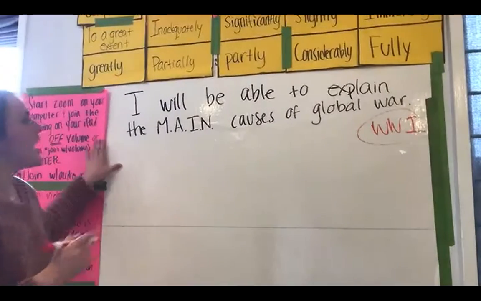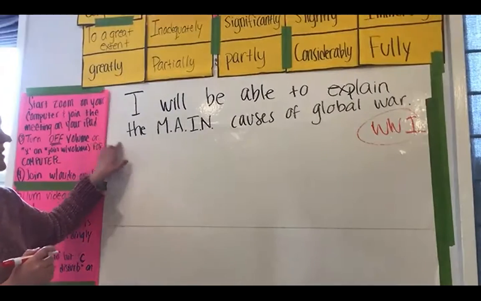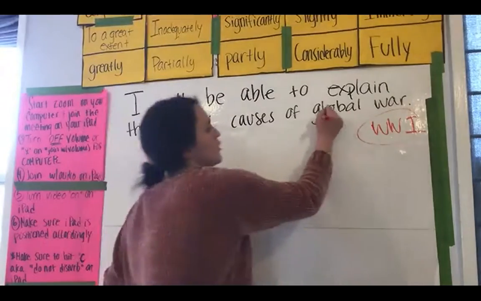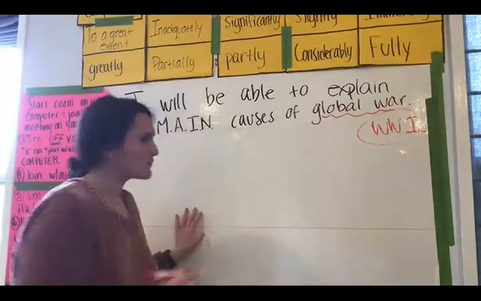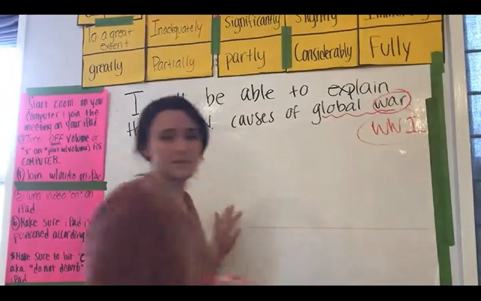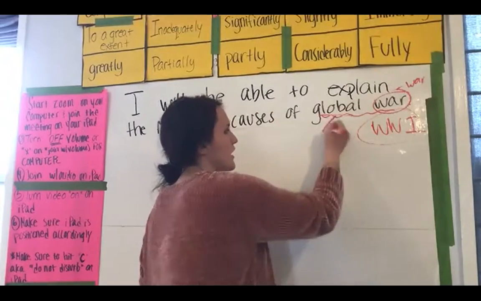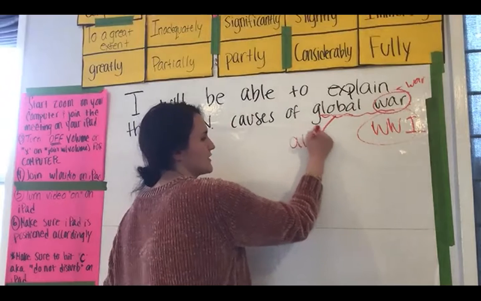Here we go. I will be able to explain the main causes of global war. So global war, let's think about this term. War is obviously related to war, right? Global means all countries.